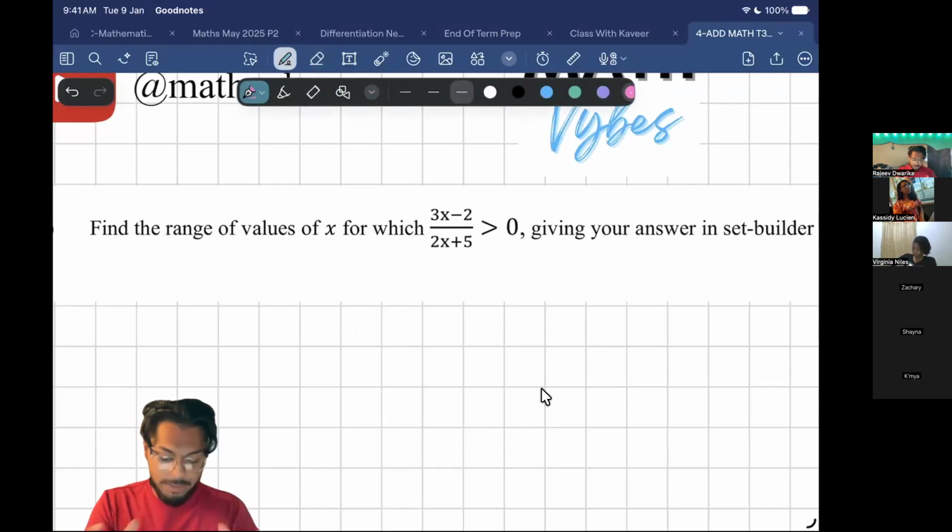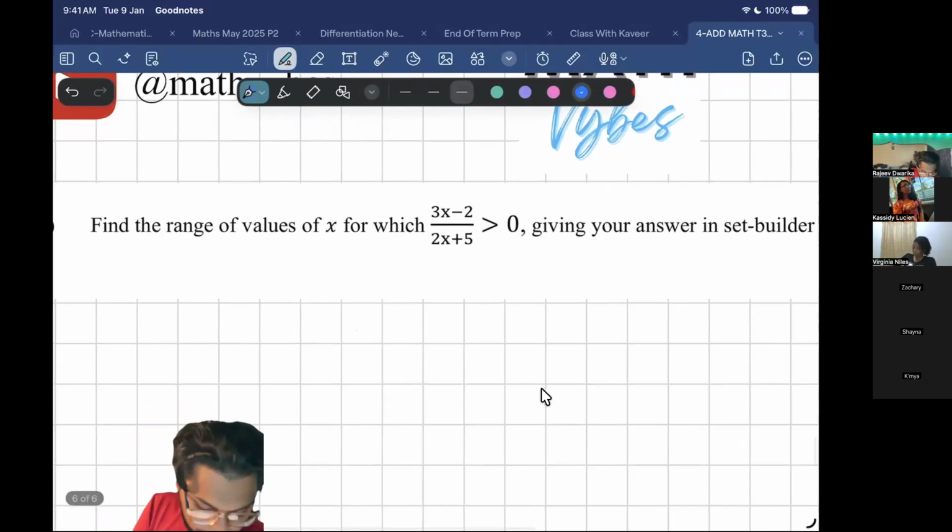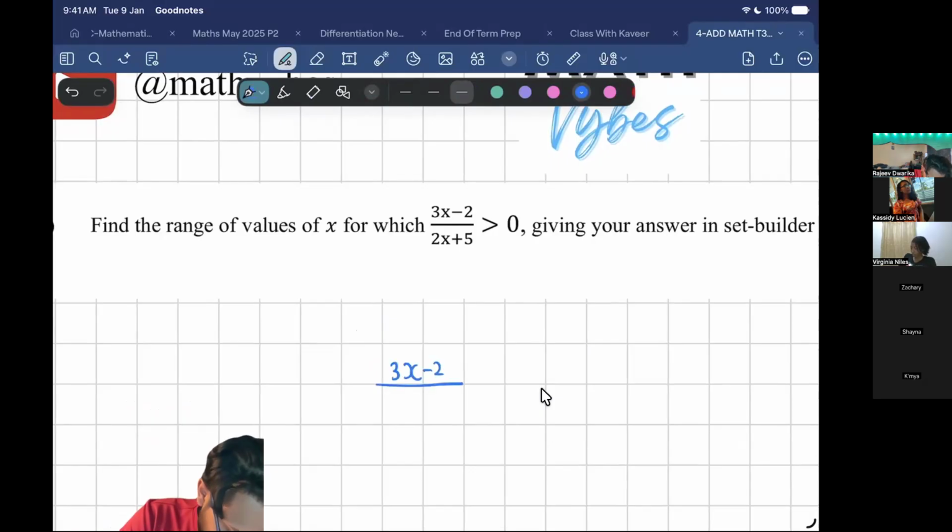So Sheena, do you want to tell me how we'd answer this question? Sure. Walk me through it. If I remember correctly, it's 3x minus 2 over 2x plus 5, divided by the denominator squared.